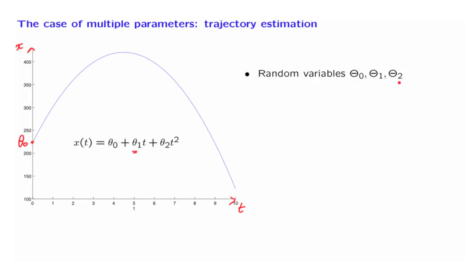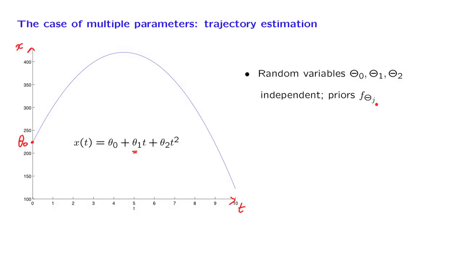And we also need some prior distributions for these random variables. We should specify the joint PDF of these three random variables. A common assumption here is to assume that the random variables involved are independent of each other, and each one has a certain prior. Where do these priors come from?